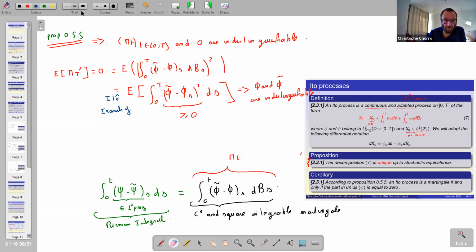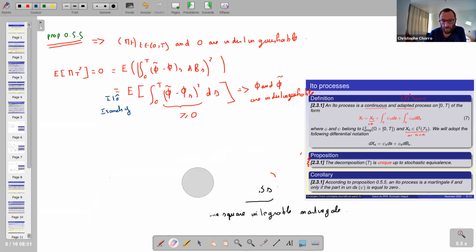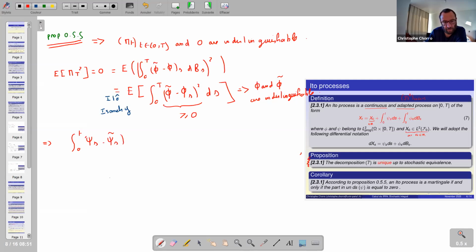Okay, so I have done the job for the part in the stochastic integral. For the other part, I can erase this one, and I can deduce in the same way that the process integral between 0 and t of phi of s minus phi of s tilde ds is also indistinguishable from 0.